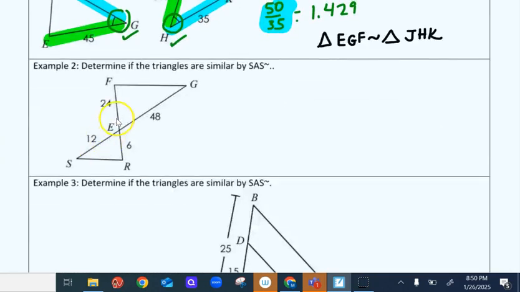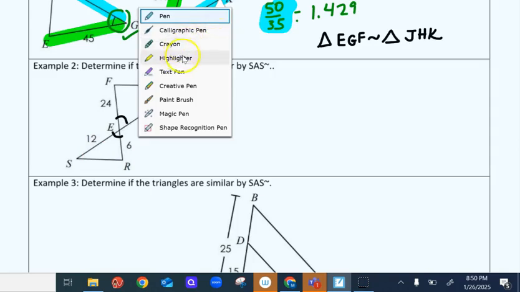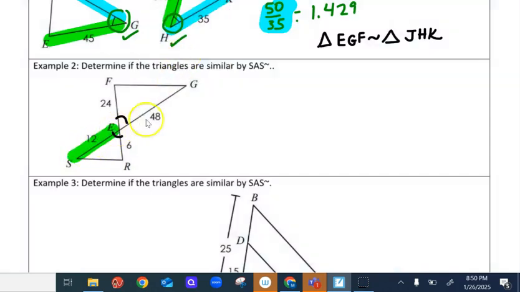Next one, we know that these would be the congruent angles, so we're going to look for the sides right next to them to see if they're proportional. So 12 with the 48, 6 with the 24.